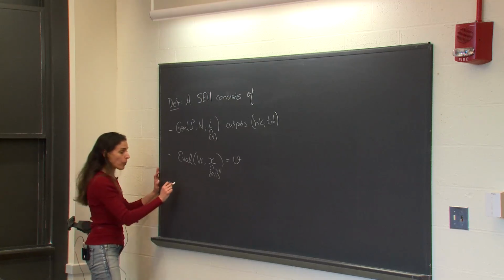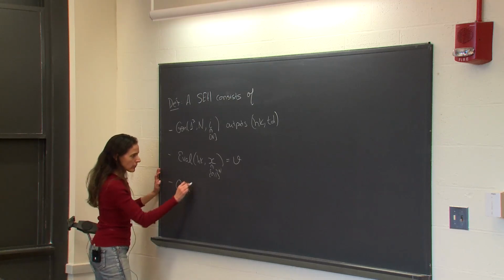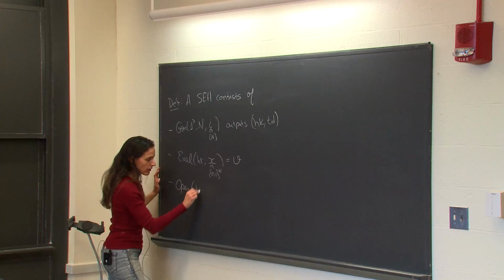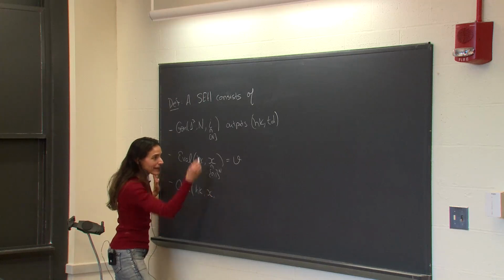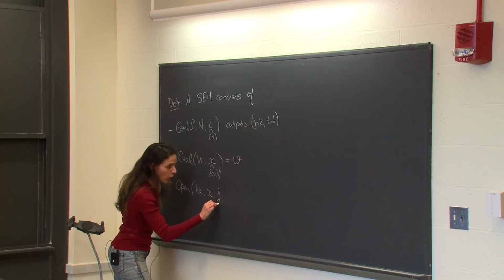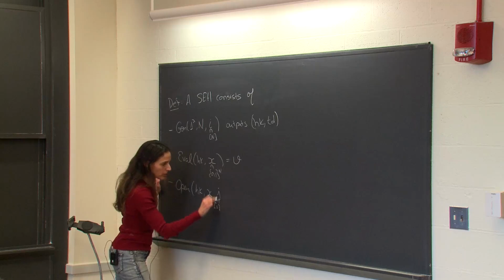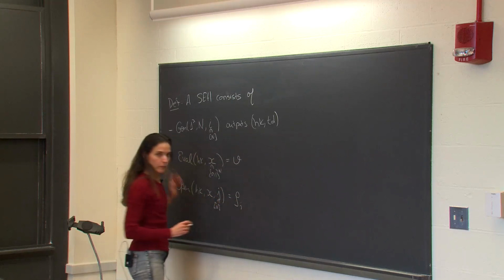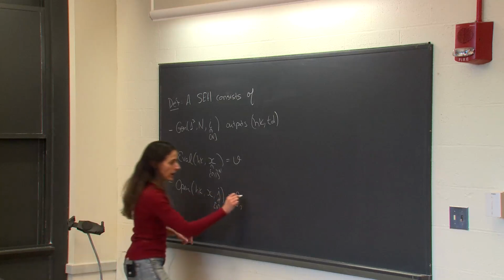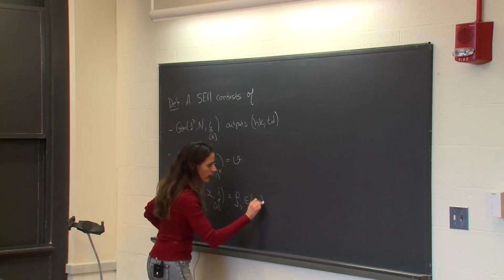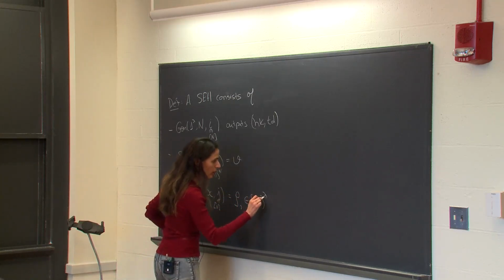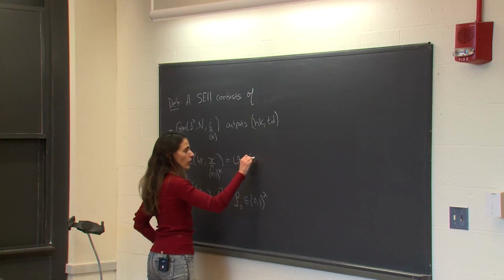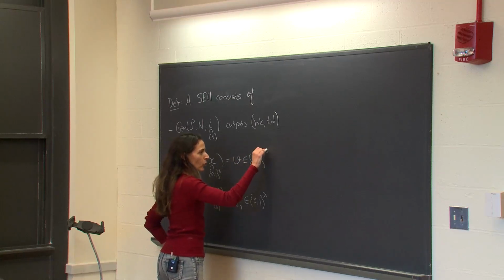And then you have Open, where you take a hash key, the x, and some index j that you want to open to, and it outputs an opening rho_j. This should be in 0,1 to the lambda, or poly lambda. Similarly here, this should be small, 0,1 to the lambda, or poly lambda.